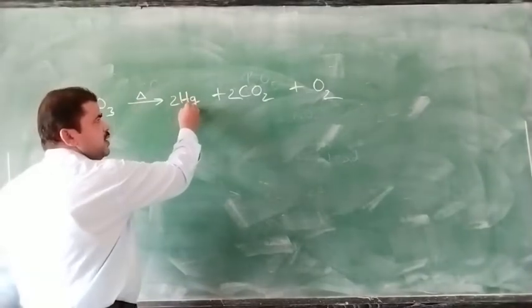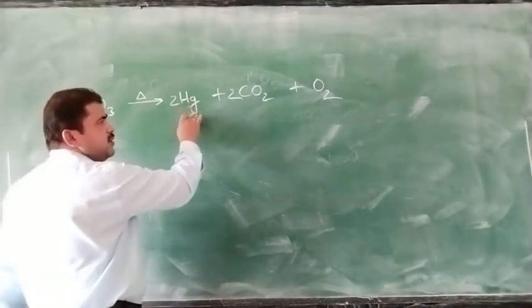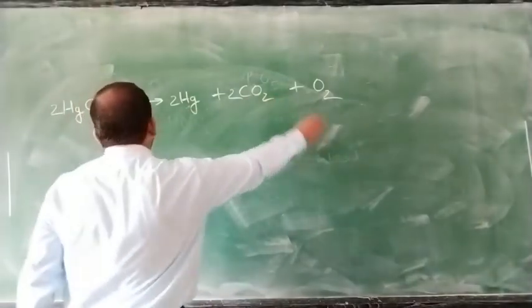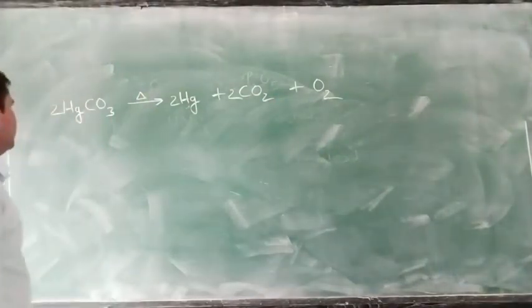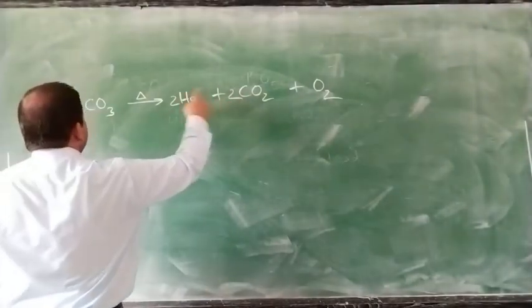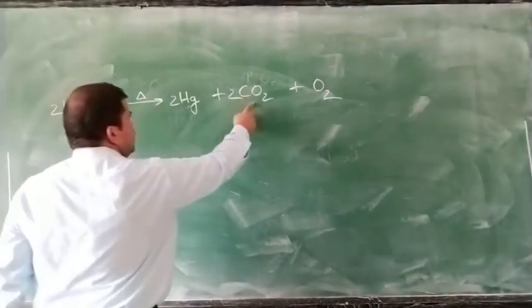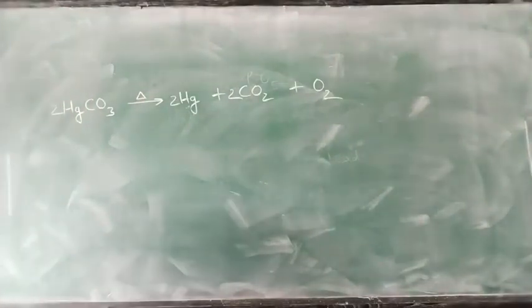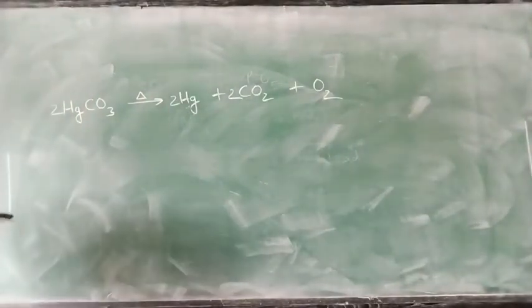So mercury is the metal, and this metal is silvery in color. Carbon dioxide and oxygen. We will balance: mercury 2, carbon 2, oxygen 6. So 4 here, 2 here, total 6. So mercury, we are getting this silvery color.